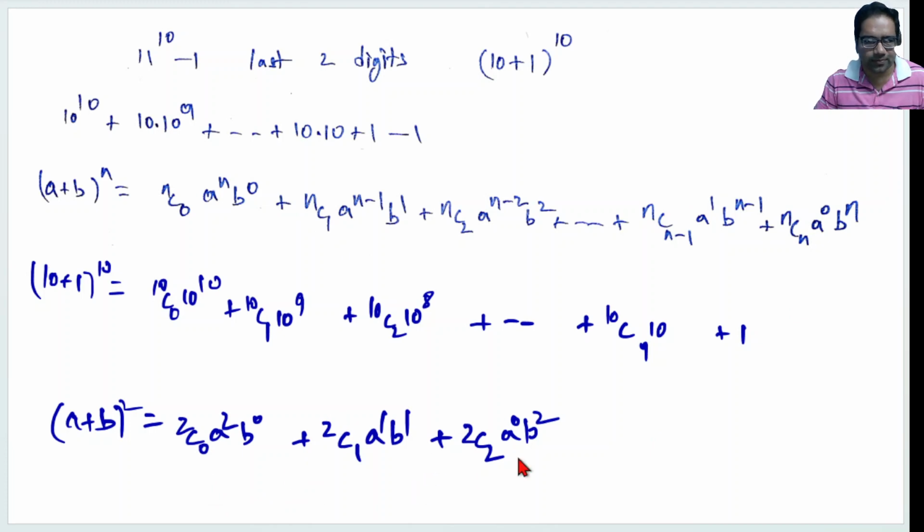The power of a starts with 2 and goes 2, 1, 0, and the power of b starts with 0 and goes 0, 1, 2.